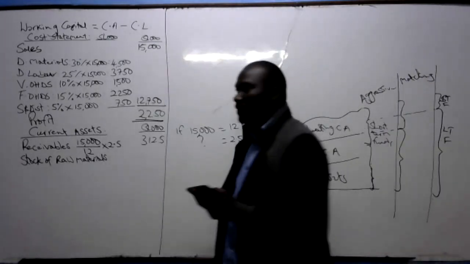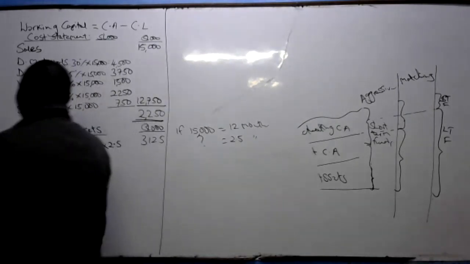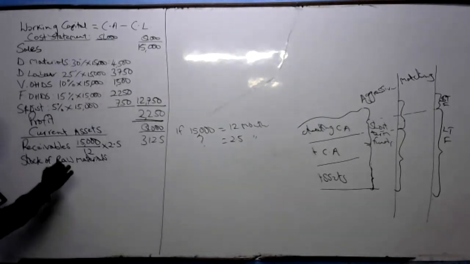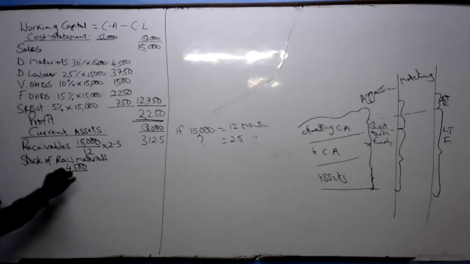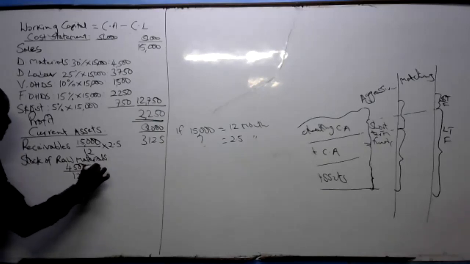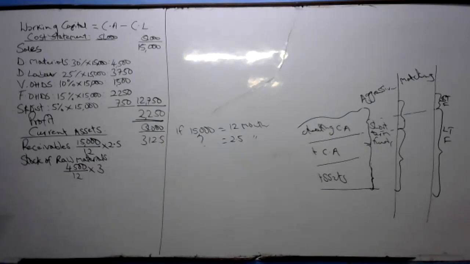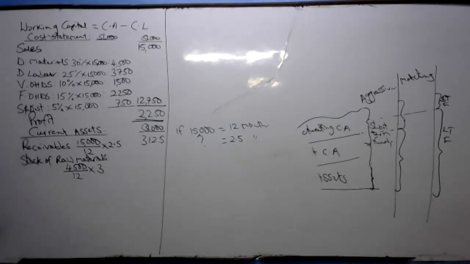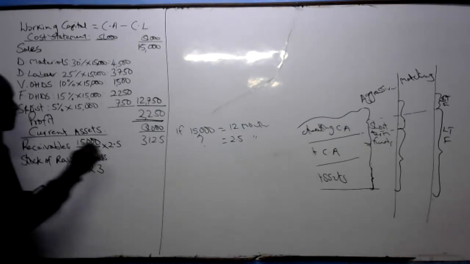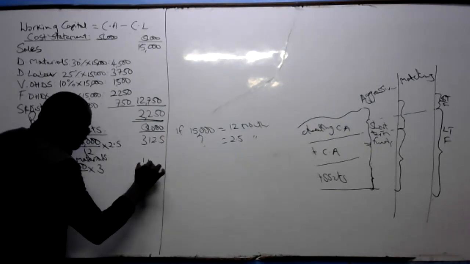Raw materials for the whole year of 4,500. Divide by 12, times 3 months. So how much is the stock of raw materials? $11.25.